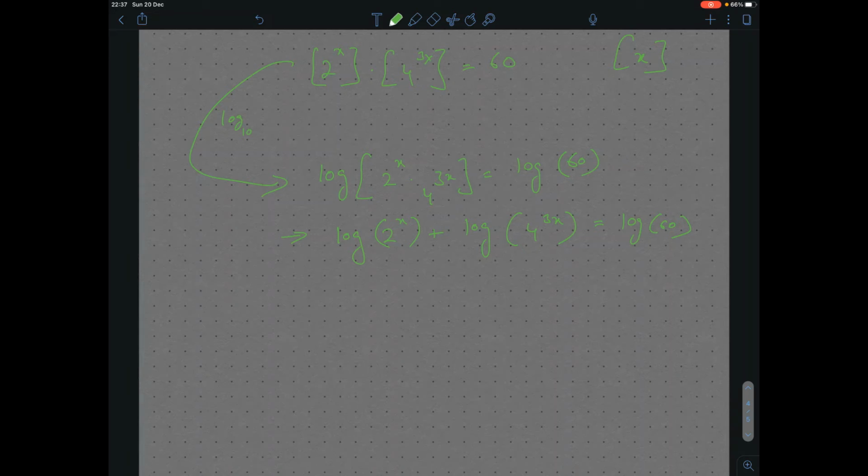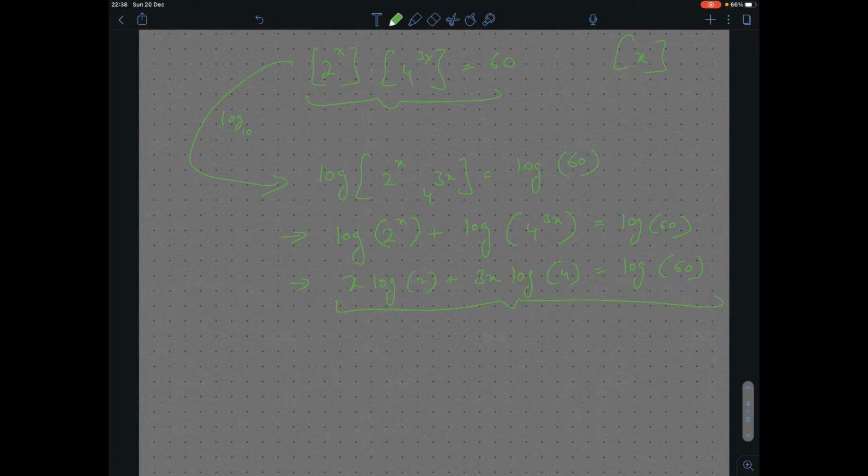So again, we can just simplify this out and write it out. This would be x multiplied by log of 2 plus 3x multiplied by log of 4 that is equal to log of 60. Now we have converted the power form of the equation into a linear equation, as you see over here. Beyond that it is just simple linear algebra.